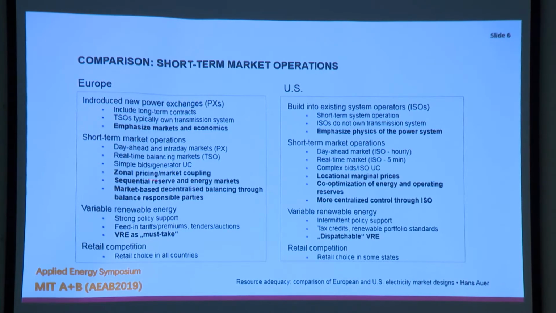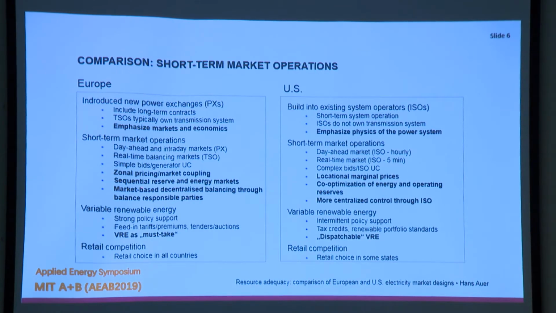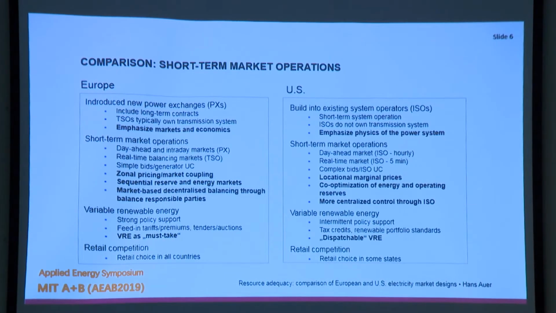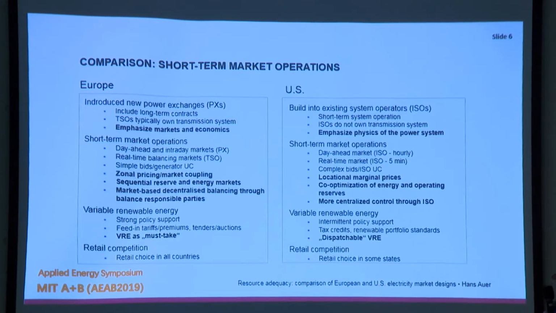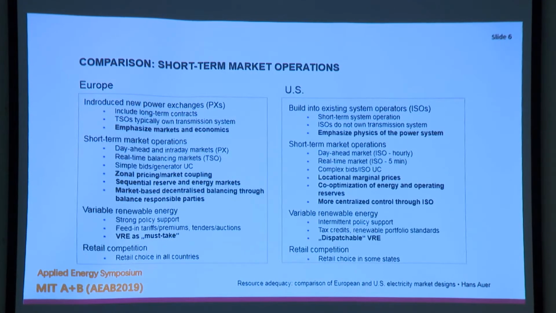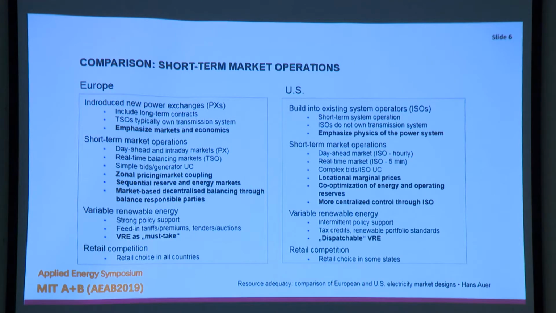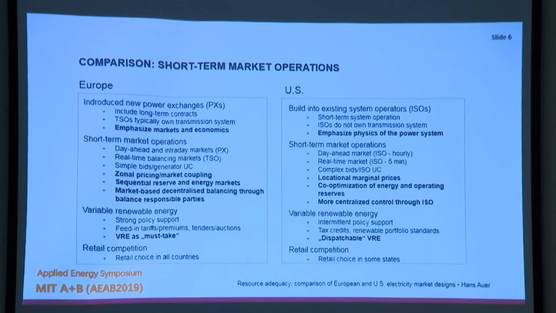There is a significant difference also in terms of reserve markets. We have a much more decoupled reserve market, a sequential reserve and energy market, compared to the US, where you have a co-optimization of energy and operating reserves. Balancing in our markets is also decentralized, and the role of the balance responsible parties is much more emphasized than in the US, where you have more centralized control through the ISO.